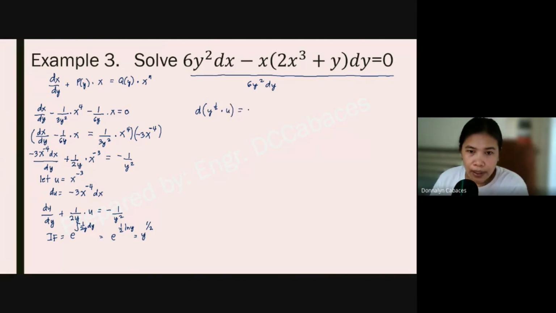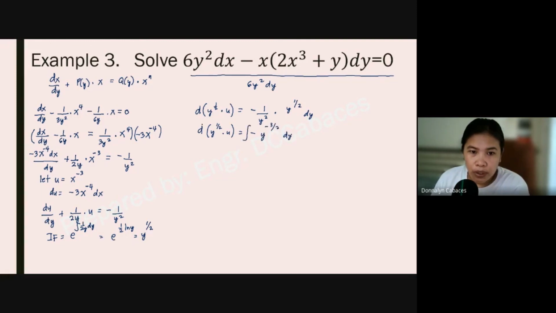Our right side is negative 1 over y squared and then times y to the 1 half. So that is the derivative dy. The derivative of y to the 1 half times u is equal to, what is this? Negative y to the negative 3 halves dy.